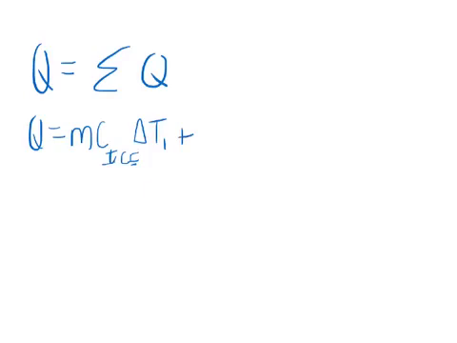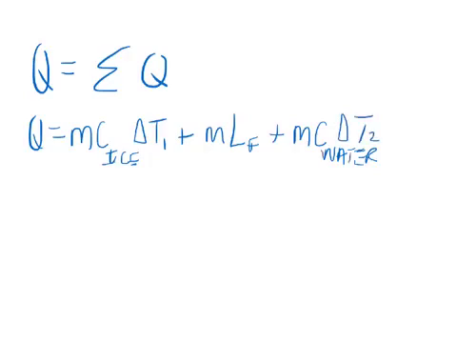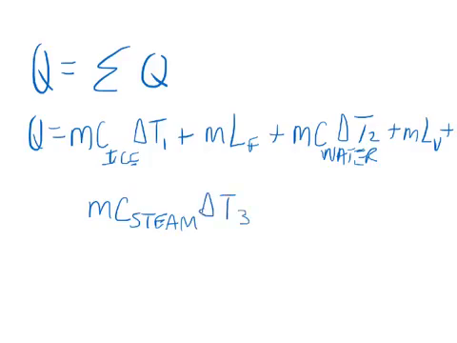Then we have M times the latent heat of fusion. Then M times the C of water times the second change in temperature, from 0 up to 100. After that, M times the latent heat of vaporization. And finally, M times the C of steam times delta T3, which is from 100 to 120.